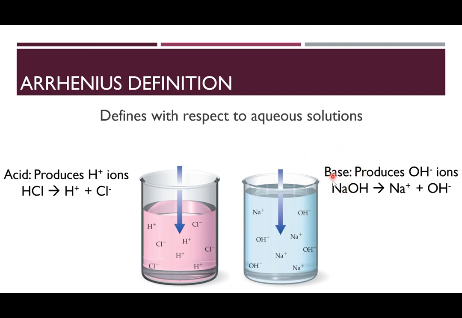Before we put it into water, it's just NaOH, no ions, just pure NaOH. When we put that into solution, it's going to break apart into sodium ions and hydroxide ions. The presence or the increase in hydroxide ions is what defines this as a base.